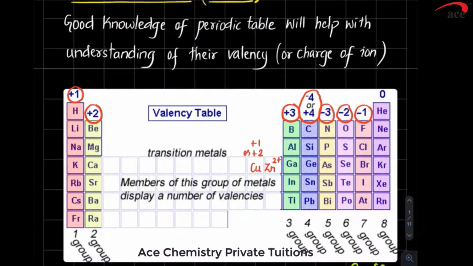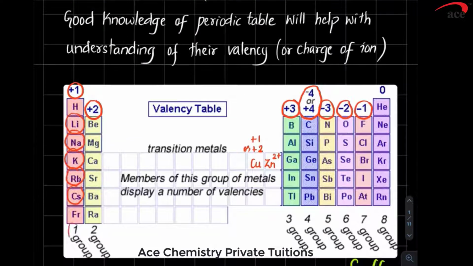Remember lithium, sodium, potassium, rubidium, cesium, which all belong to group 1, will have a charge of +1. While beryllium, magnesium, calcium, strontium, barium will have a charge of +2. So remember, group 2 radicals will have +2 charge.